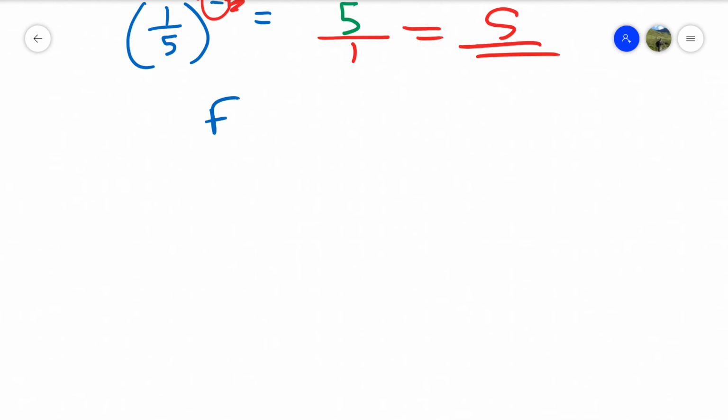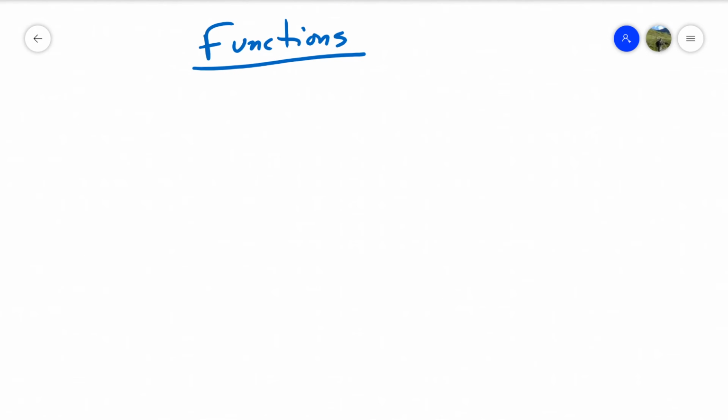Next question. This is a functions question. And again, I'm not really writing much for the question. That's supposed to be f of 10, by the way.